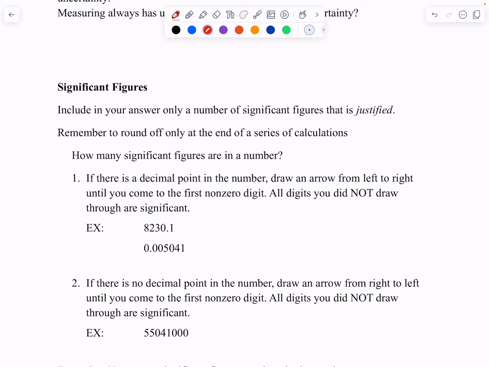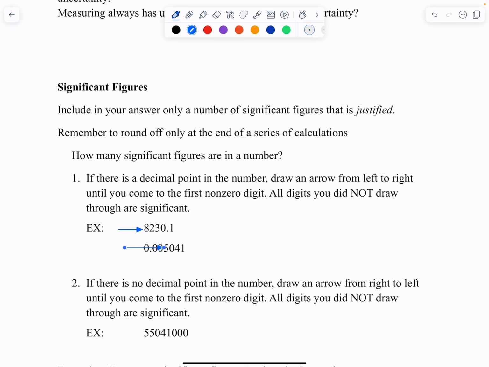So we need to determine, if we look at a number, how many sig figs there are. If there's a decimal, we go left to right. Draw an arrow from left to right until we find the first non-zero digit.